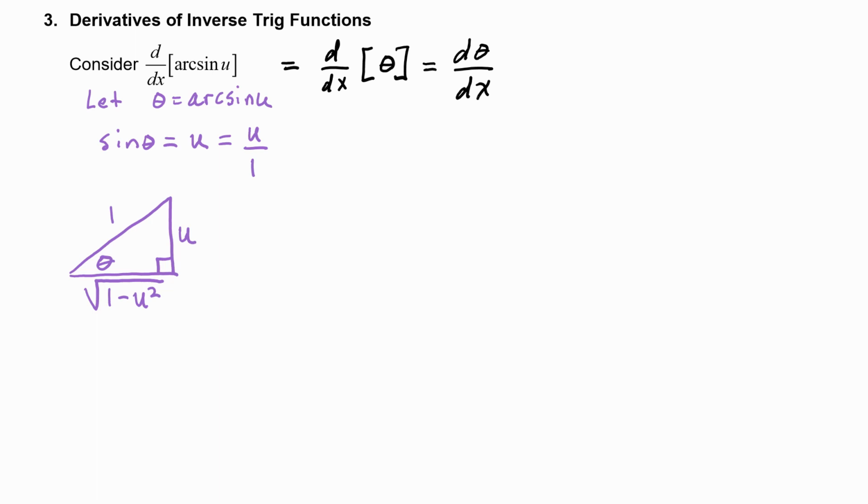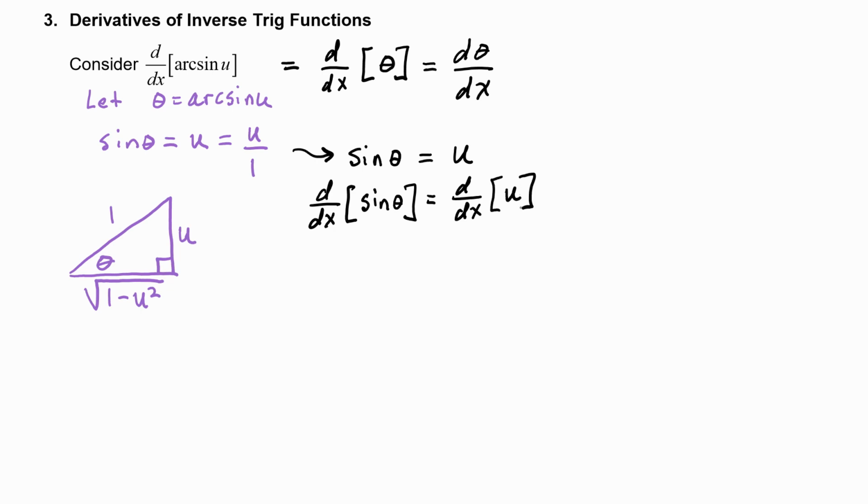What we're going to do is start off with this equation where we have sine theta is equal to u. And then we are going to take the derivative with respect to x of both sides. So we have derivative with respect to x of sine theta is going to be the derivative with respect to x of u.